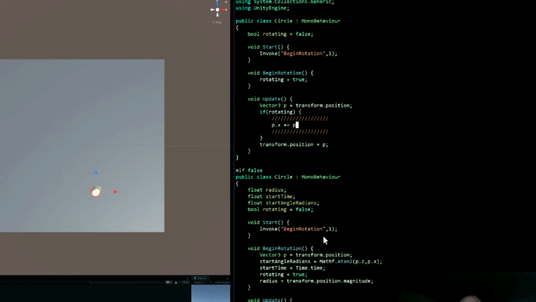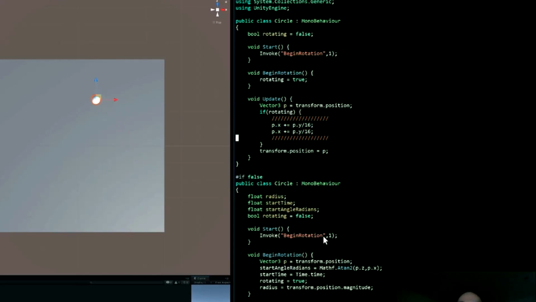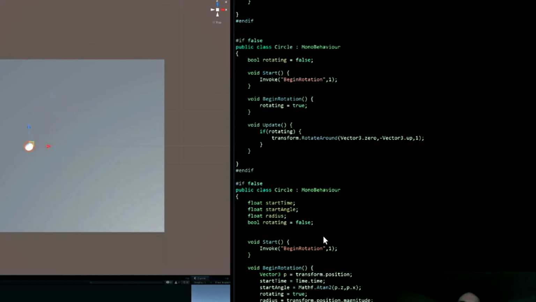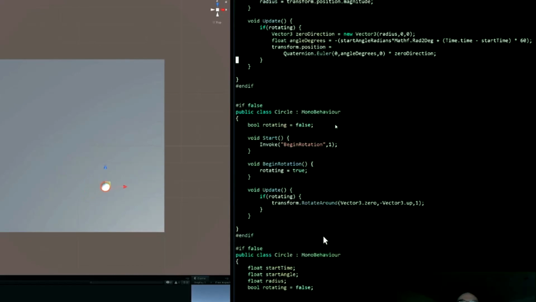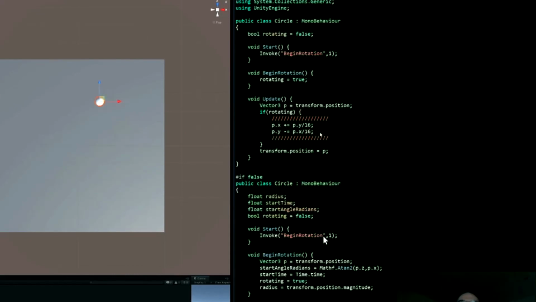This is the bit that does the actual work. So what we do is p.x plus equals p.y divided by 16. p.y minus equals p.x divided by 16.